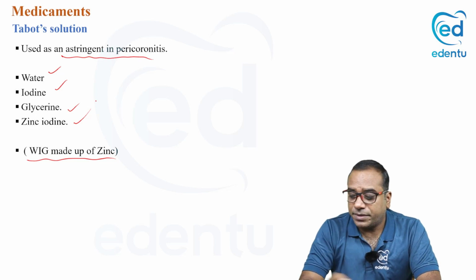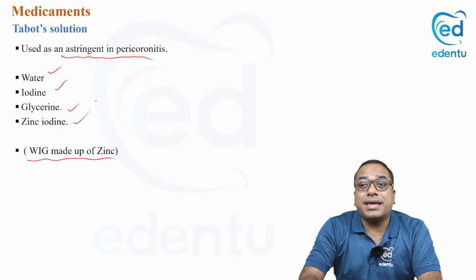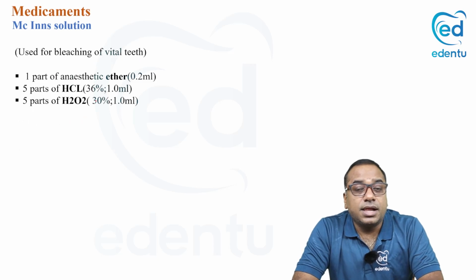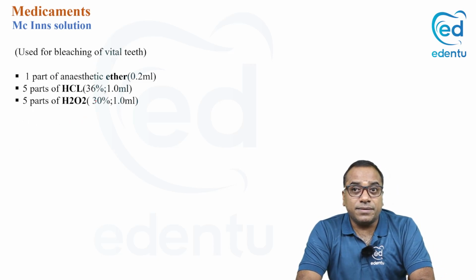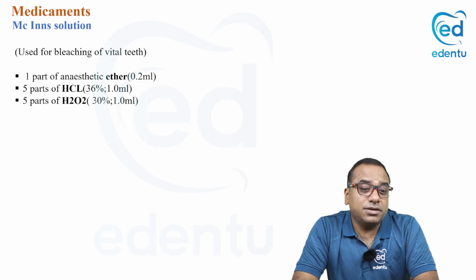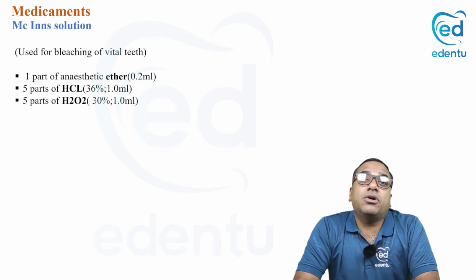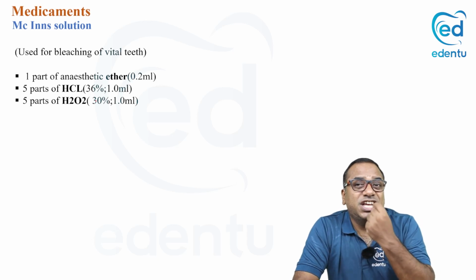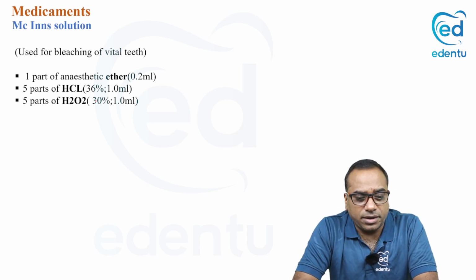This comes there. Next is your McKay's solution, which you know very well; it is there in your endodontics also for vital bleaching. It is used for bleaching of vital teeth, so the discoloration will be gone.